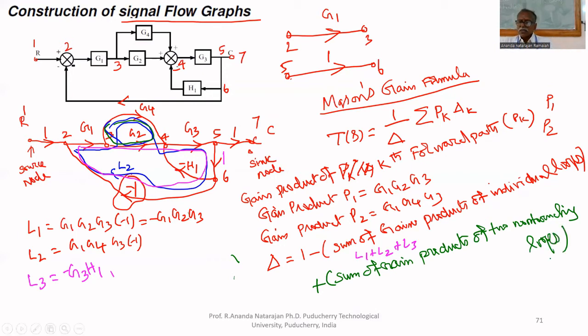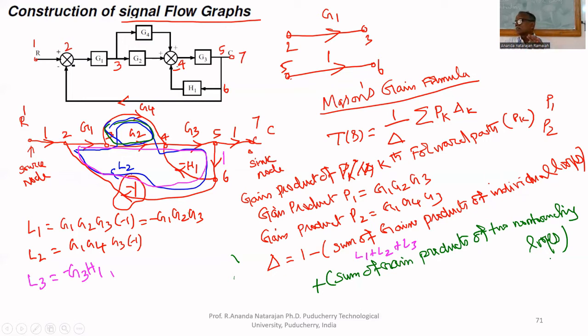Is there any non-touching loop? You see that L1 and L2 are touching each other. L2 and L3 are touching each other. L1 and L3 are touching each other. Therefore, there are no 2 non-touching loops.